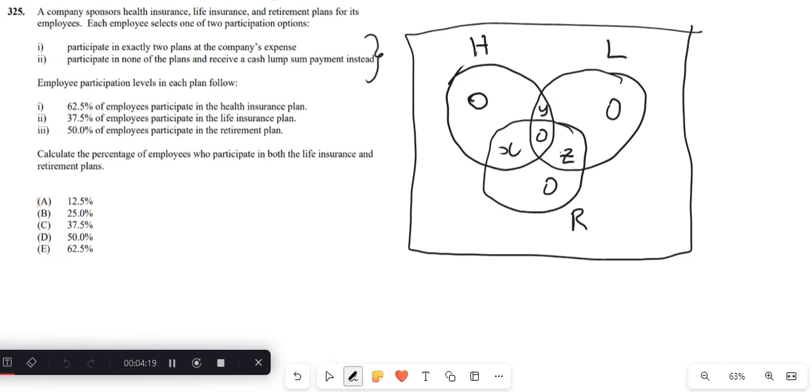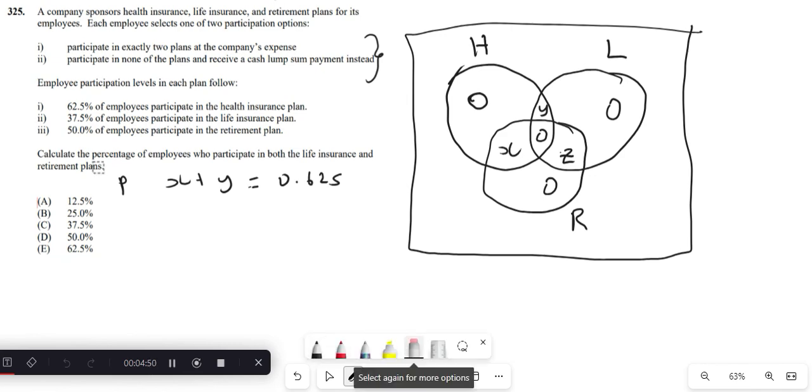But remember that they told us that 62.5% of employees participate in the health plan, so the probability of H is X plus Y, 62.5%. I'm going to write that as a decimal, 0.625.